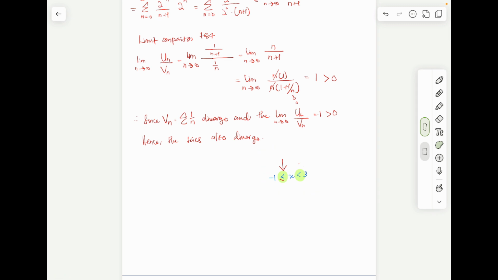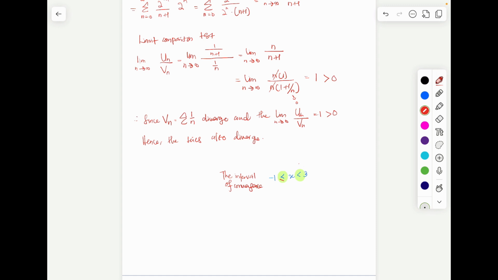Okay, so therefore x lesser than 3 is just x lesser than 3. So the interval of convergence is from x lesser than 3 and x greater than or equal to -1.